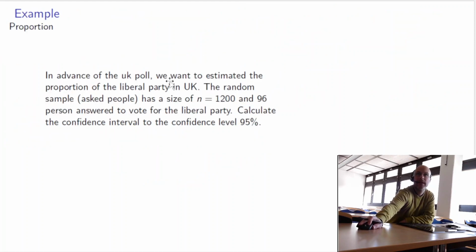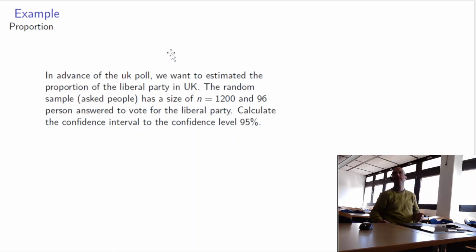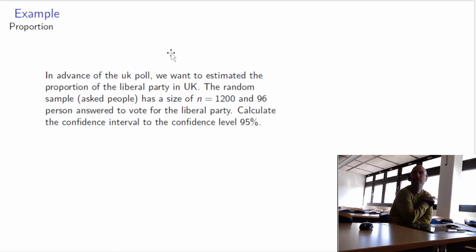and we take the poll in the UK. Maybe you know that you have not only the Conservative and the Labour Party, but in the UK also a third party, the Liberal Party, which has roughly 10% of the votes, but they do not really have something to say in the UK, because from the voting system, only the candidate who has the most votes in his area comes to the House of Commons.